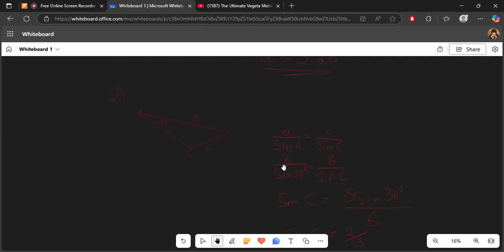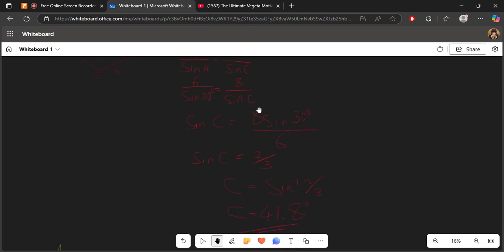A is 6, the length opposite to 30 degrees is 6. The angle is 30 degrees. So sine 30 degrees, C is 8. That's the 8 here. And we don't know the size of the angle C. So sine C. Doing some basic math here, we find that sine C is 8 sine 30 divided by 6.